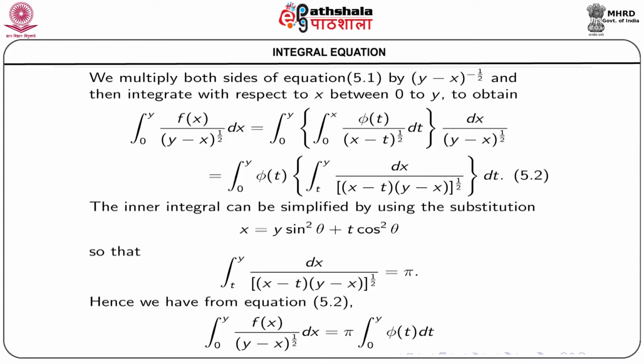Now we substitute the value of inner integral as pi in equation 5.2 to obtain integral 0 to y f x divided by root over y minus x dx equal to pi into integral 0 to y phi t dt.